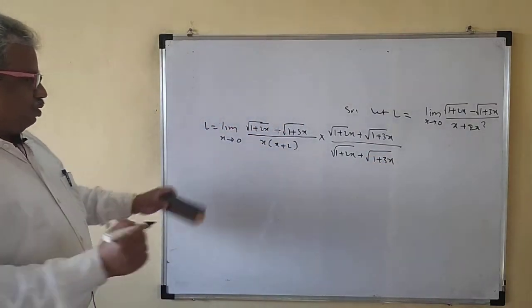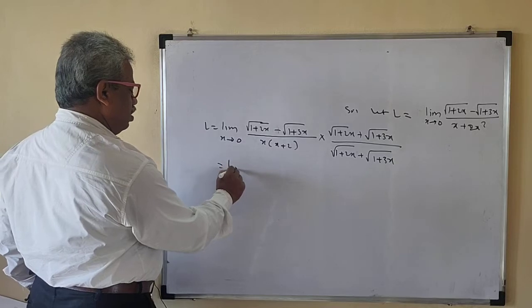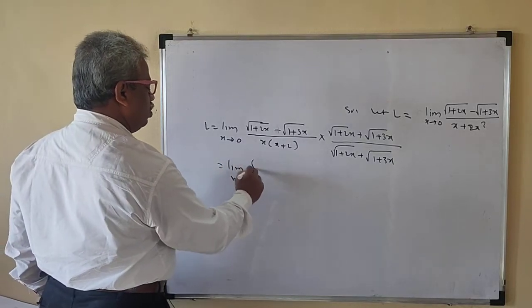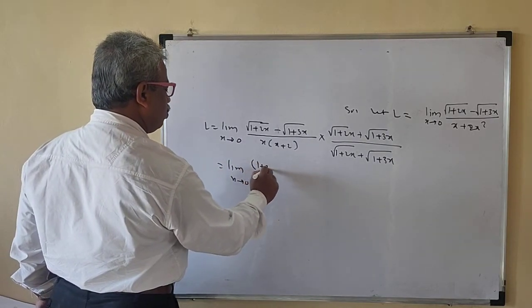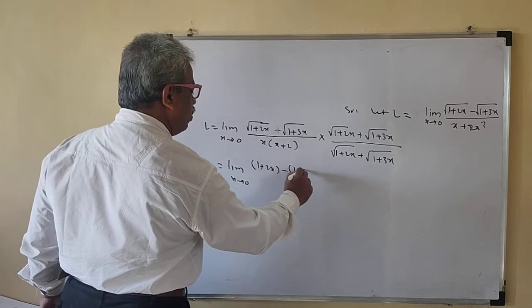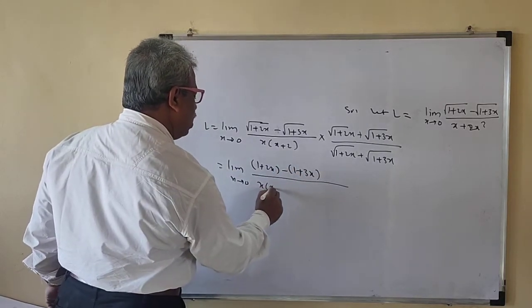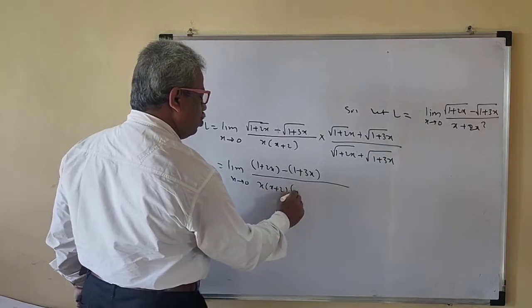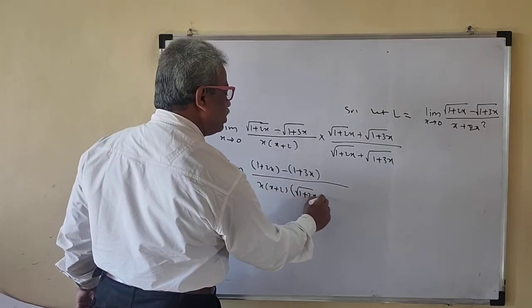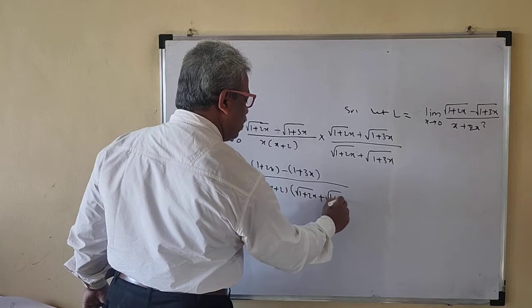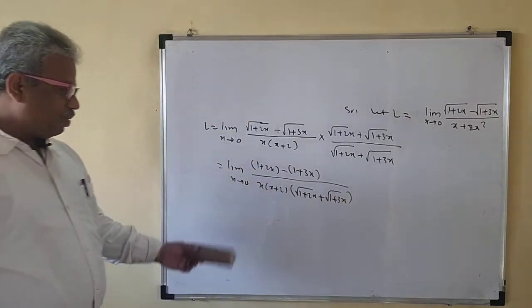Okay. Now we will multiply this. This is what? Limit x tends to 0, 1 plus twice x minus 1 plus 3x upon x into x plus 2 into root of 1 plus twice x plus root of 1 plus 3x. You have to take care of the bracket here.